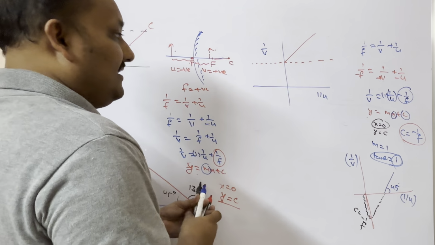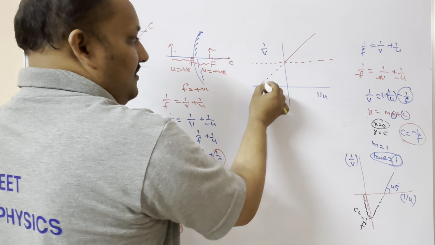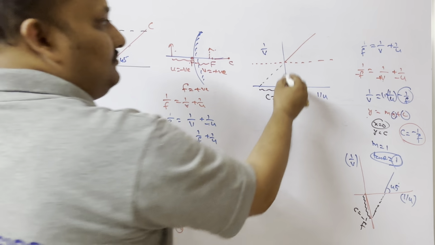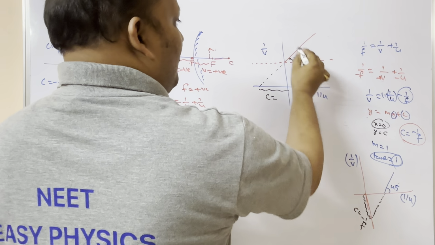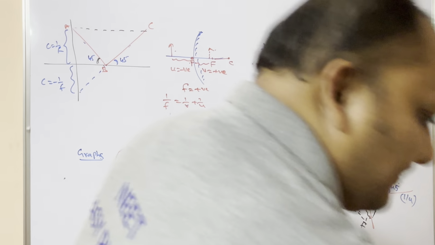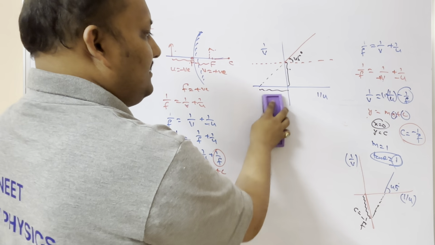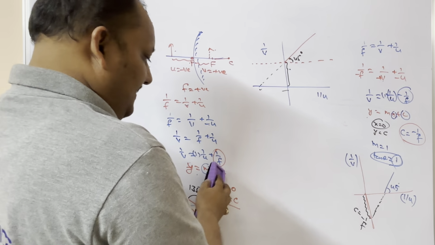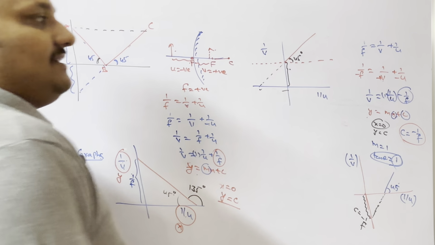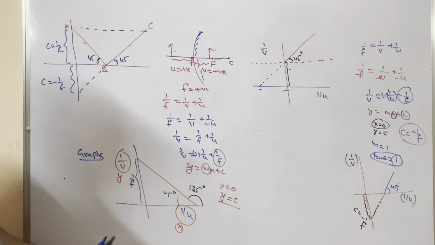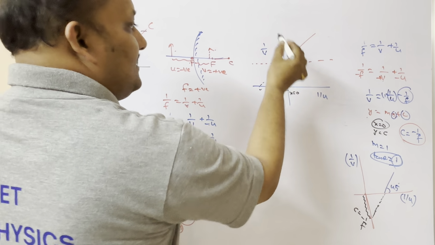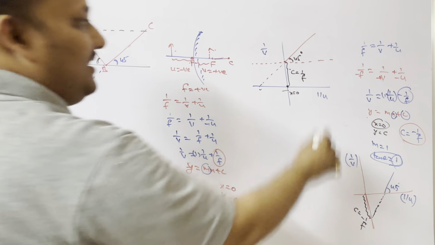So, if you extend the graph, this is going to be the c value. Correct? This is going to make 45 degrees. Otherwise, this is going to be the c value. Not this. This value gives negative. Correct? Here the c value is going to be plus 1 by f. Depending on the graph, how the c value is going to come is going to be very, very important. Whenever x is 0, c is going to be 1 by f.